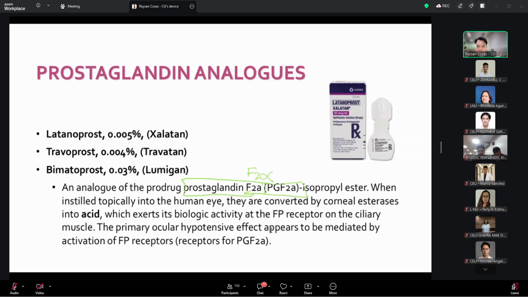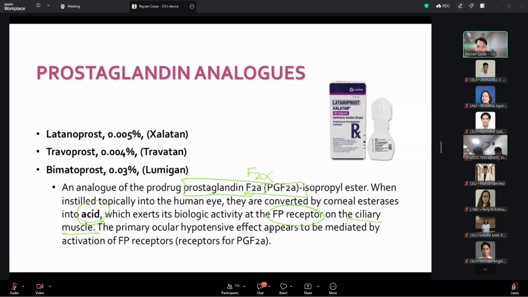So when these prostaglandin analogs are instilled into the human eye, they are converted to their acid form. The acid form is the one that is pharmacologically active, which acts on the FP receptor on the ciliary muscle.